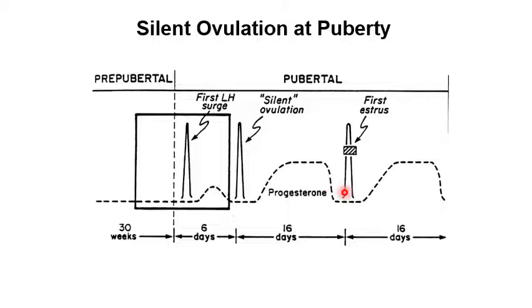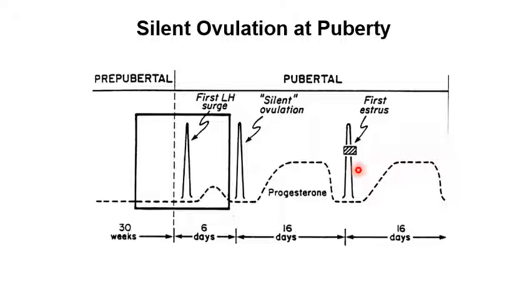And we also have the next. After that, there will be another LH surge, and this is the one that is associated with estrus behavior. So this is actually the first estrus of the animal.